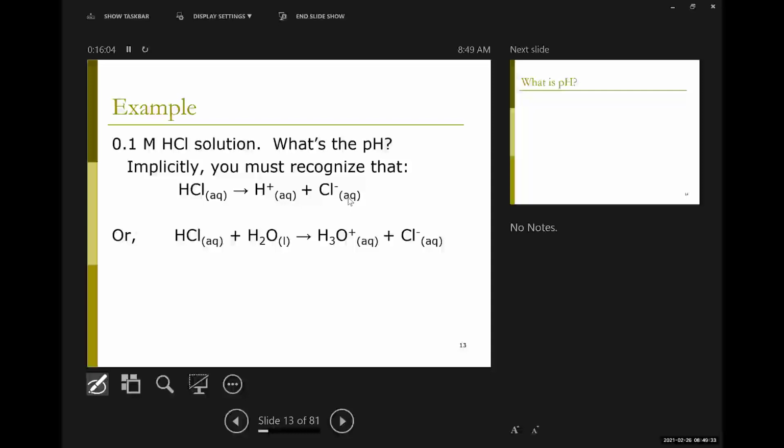Because water is a base. Not a good one, right? HCl is a much better acid than water is a base. But if I throw HCl in water, those are the only two things in the beaker, right? So no matter how reluctantly a base the water might be, it's actually the best base in the beaker.